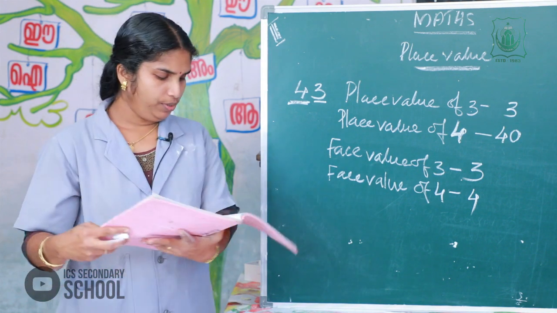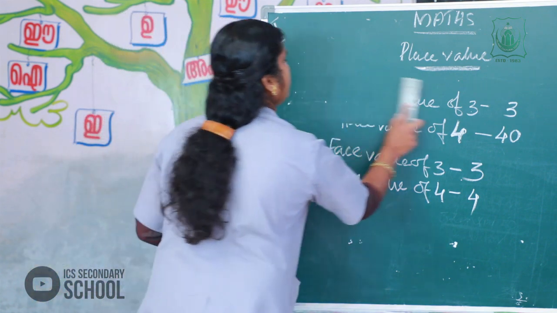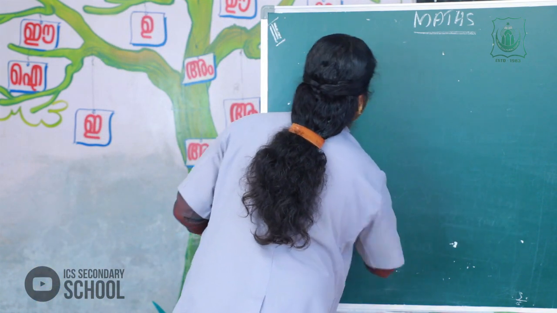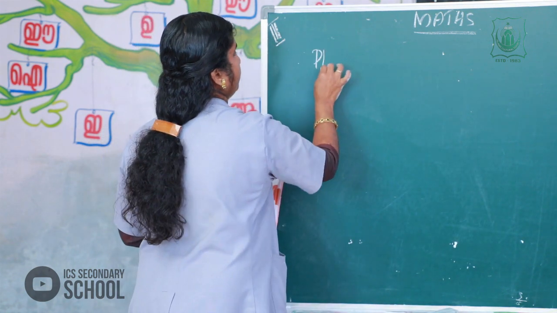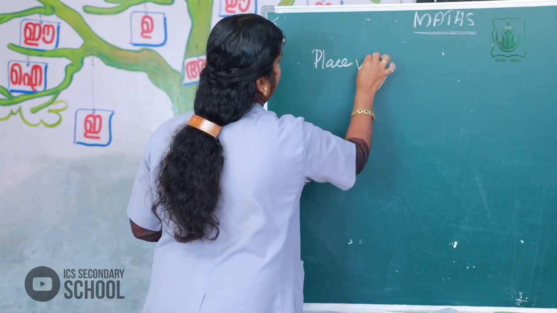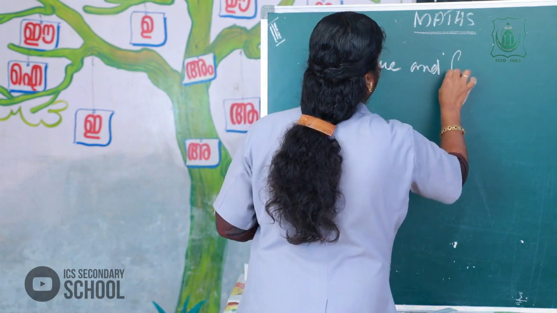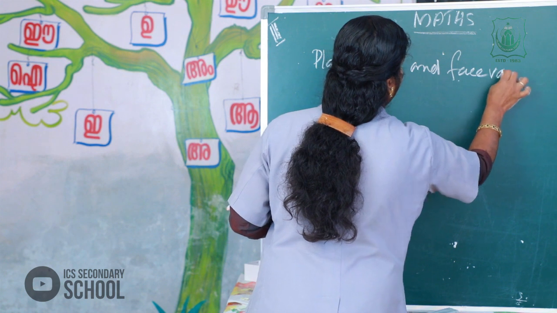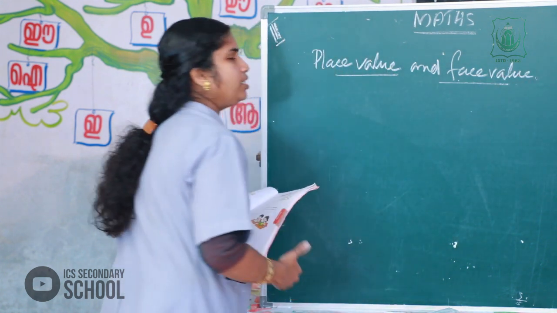Okay, got it? Please take a textbook. Okay, first question. Please listen. Place value and face value.